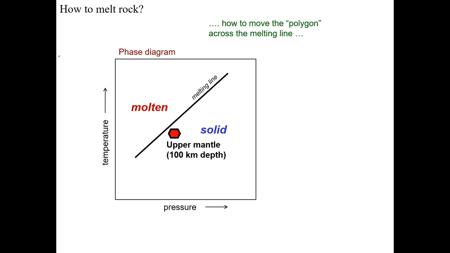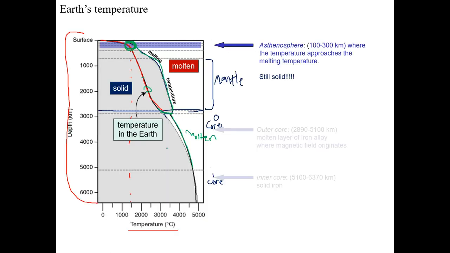So here's a pressure temperature diagram. Pressure is on the bottom, temperature is on the vertical axis. Now you'll notice when you look at this diagram that the melting temperature is not constant. The melting temperature is actually increasing as we go down through the Earth. It starts off at maybe 1,500 degrees Celsius, and when you get to the core-mantle boundary, it's really high, maybe 3,500 degrees Celsius.